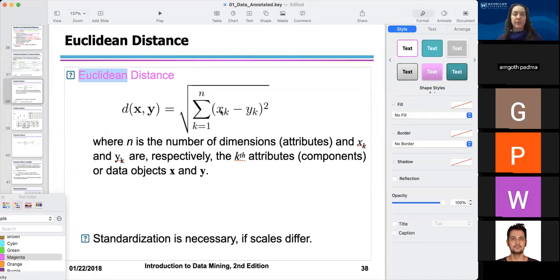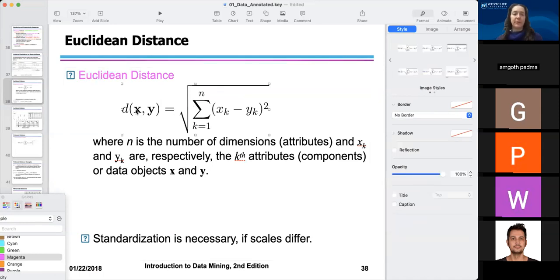The way it's computed is by using these formulas. If we have values for our objects, X and Y are the points here, the objects.